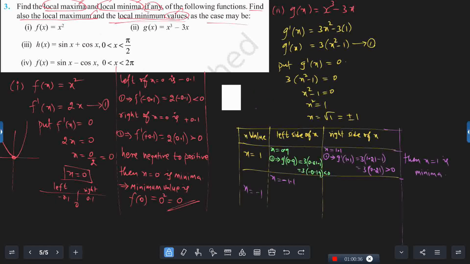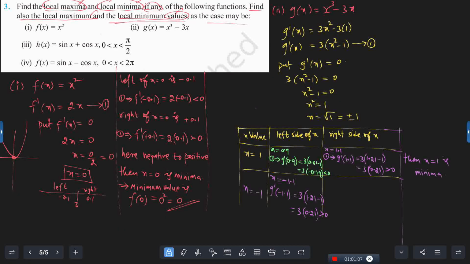So we'll give minus 1.1, better. g dash of minus 1.1 is 3 into (minus 1.1 squared, which is 1.21, minus 1), so 3 into 0.21, that is greater than 0, positive.